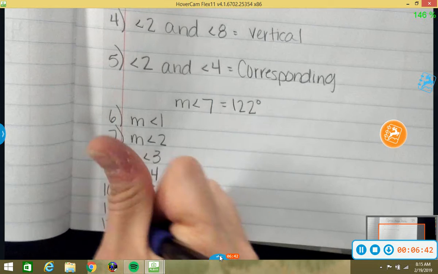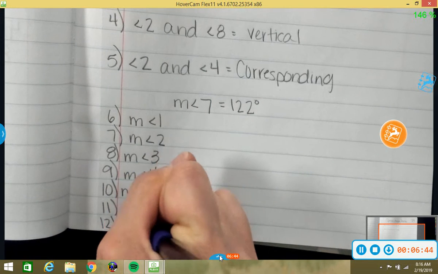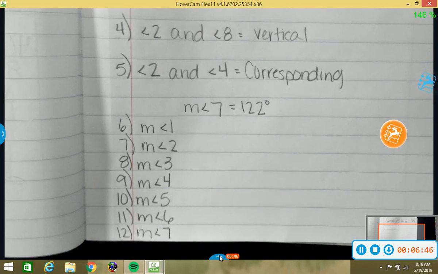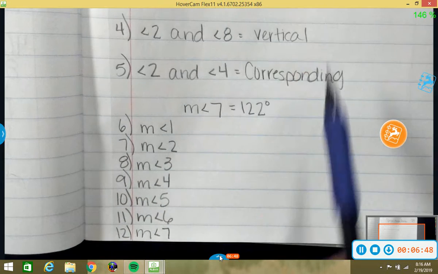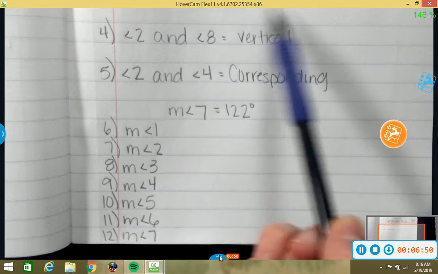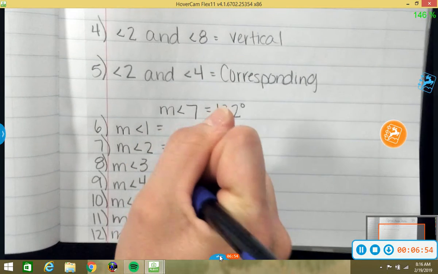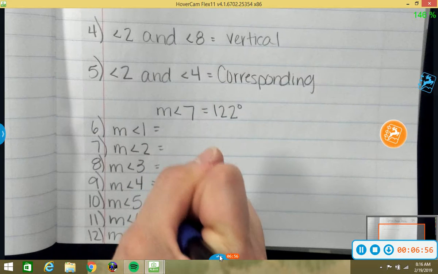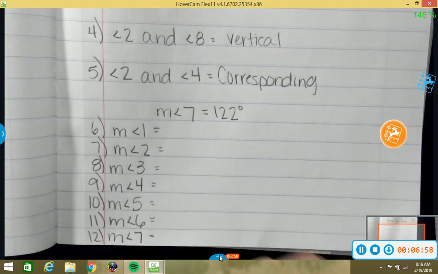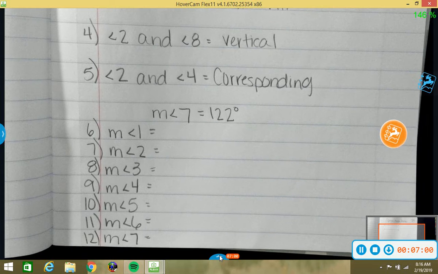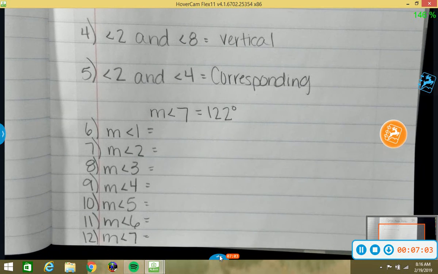And we're not just going to say the number, we're actually going to justify it. A lot of what this is, is justifying it, so giving it the alternate interior, vertical, corresponding, giving it the name. And it's not just those names that we can use. We can also use complementary, supplementary. We can use those names as well, okay?